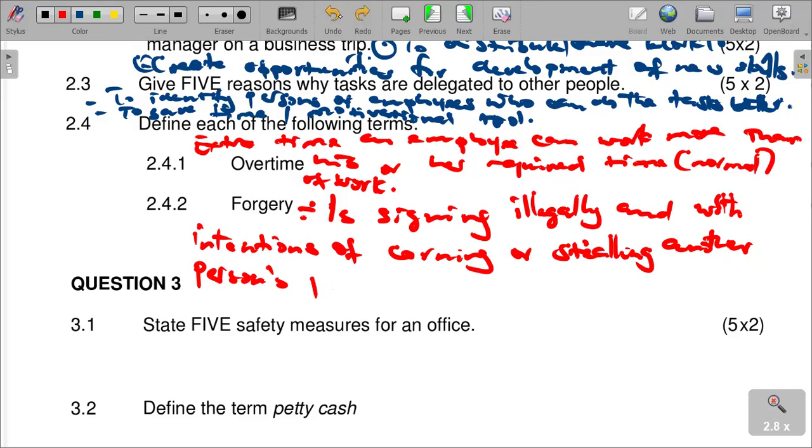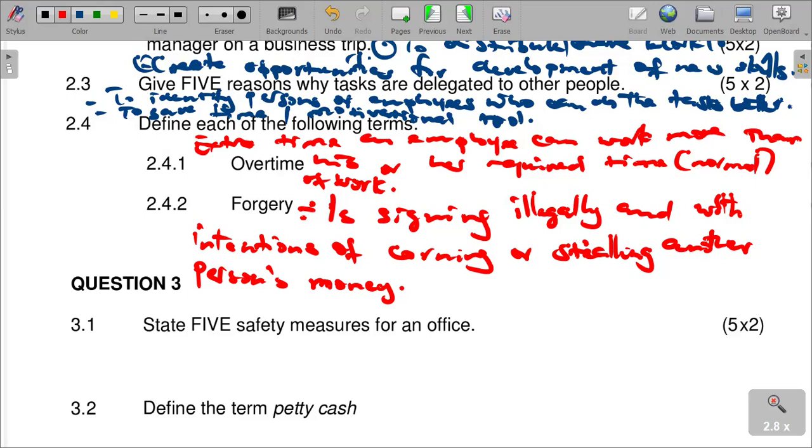So people do forgery. When that happens, it is signing which is illegal, which is not allowed. People do that with the intentions of extortion.